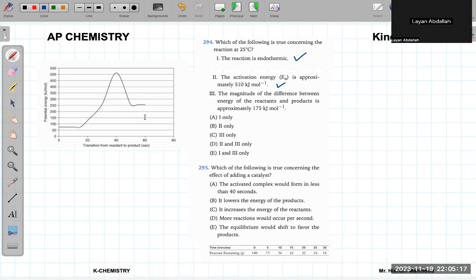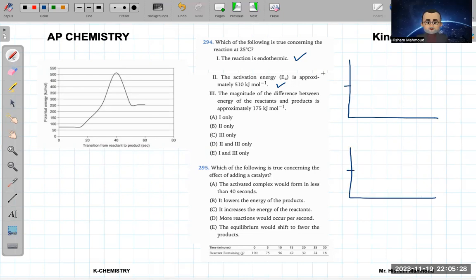Mister? Can you draw how it looks like when it's endothermic and how it looks when it's exothermic? Because I always get confused. This is what I have when I have money. I have 100 dirham. I gained 300 dirham. So how much am I now? 400.